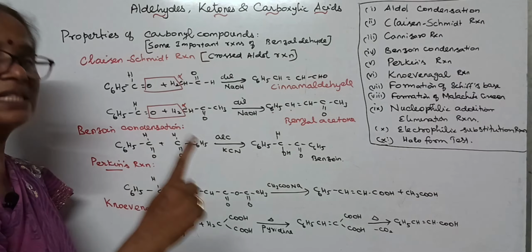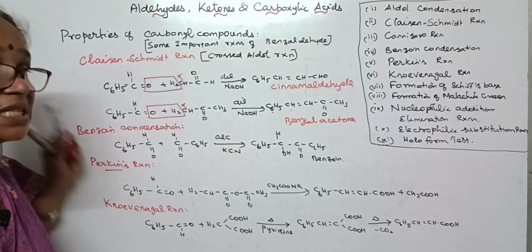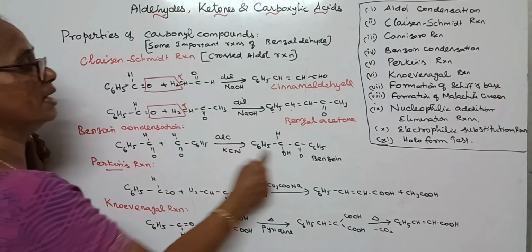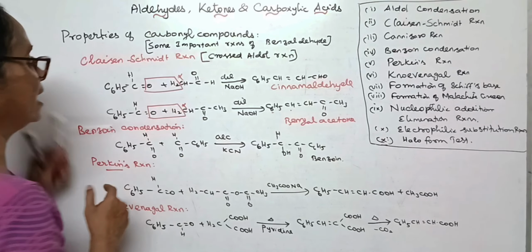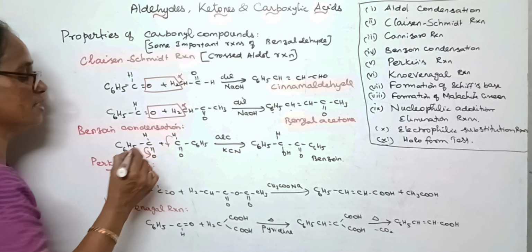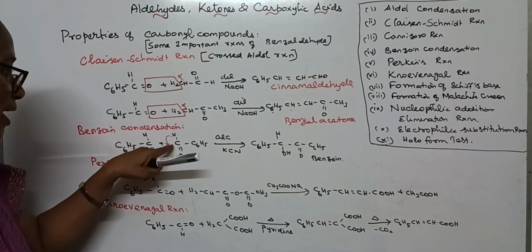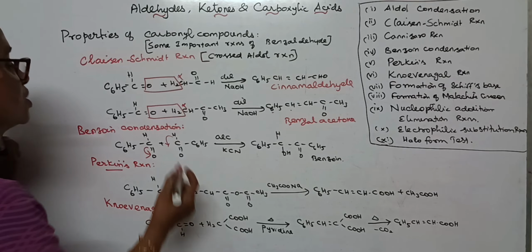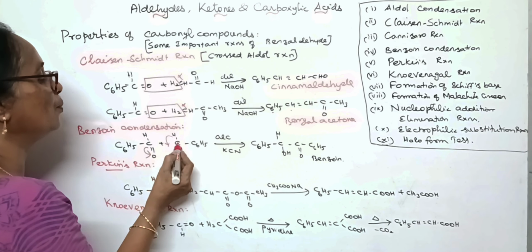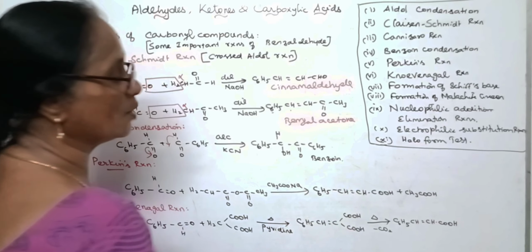But in place of alkali, if you take alcoholic potassium cyanide, then the reaction undergoes just an addition of the molecules. See, the movement of hydrogen takes place in such a way. So we will get C6H5CHOHCOC6H5. So the CH bond becomes a bond between the carbon-carbon atoms. So you are getting benzoin.